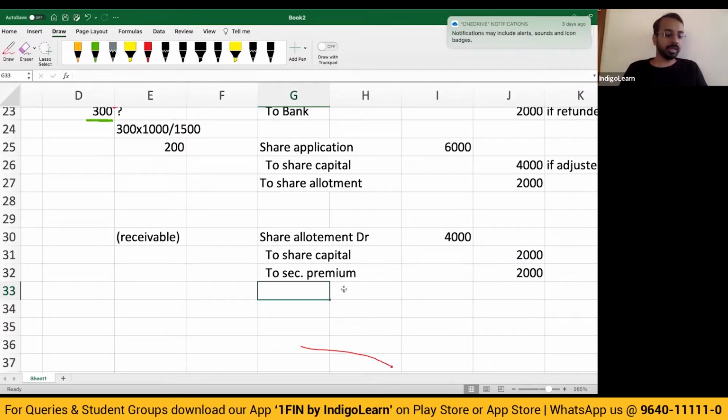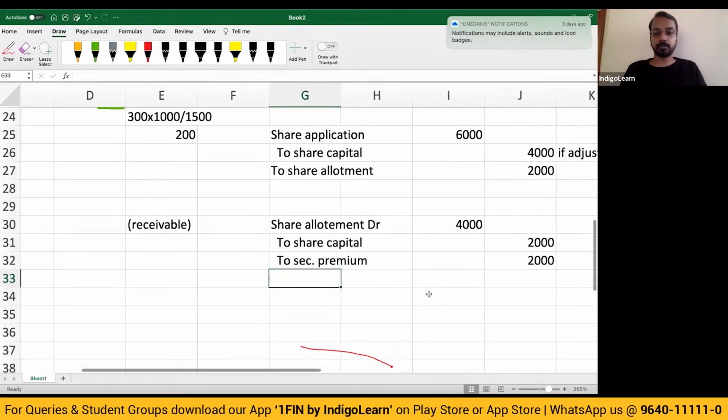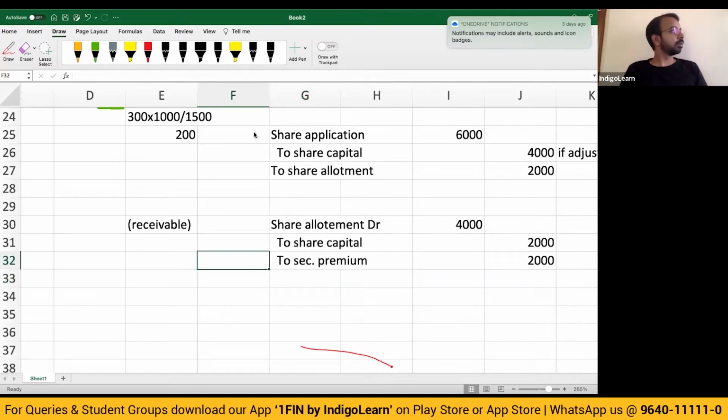Any doubt with this as far as this entry is concerned? No doubt, right? Share allotment debit to share capital to securities premium.